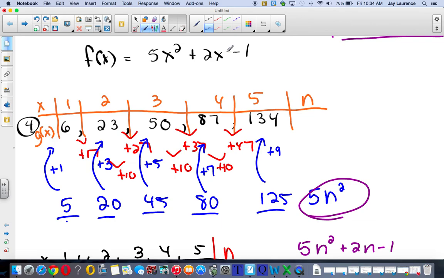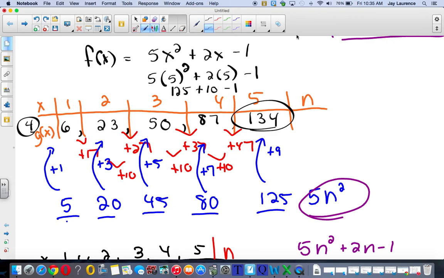Well, let's see if we can do it. Let's try it with 5. All right, so I'm going to do 5 times 5 squared plus 2 times 5 minus 1. Well, that's 125, plus 10. That's minus 1. 135 minus 1, 134. Look at that. It matches perfectly.